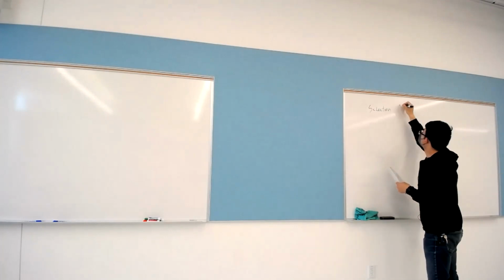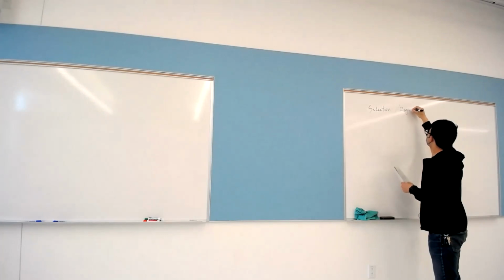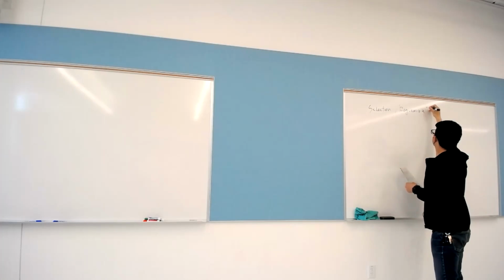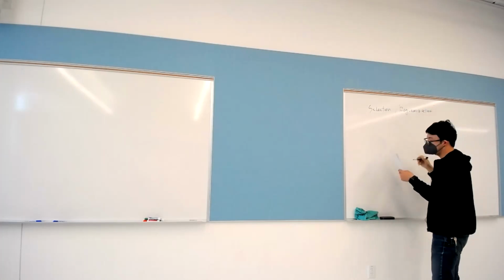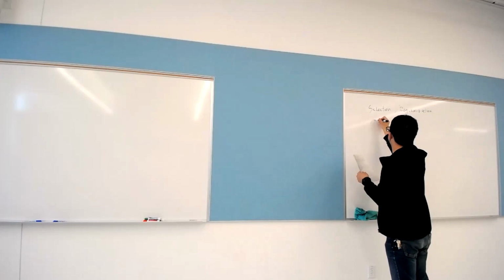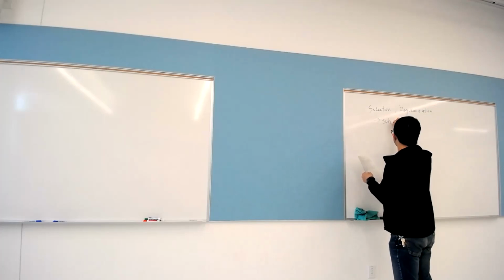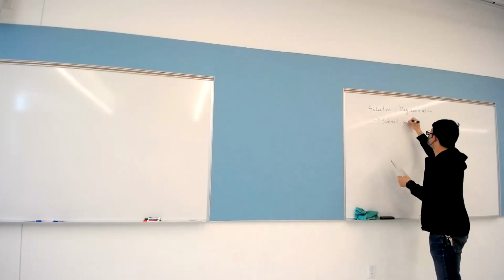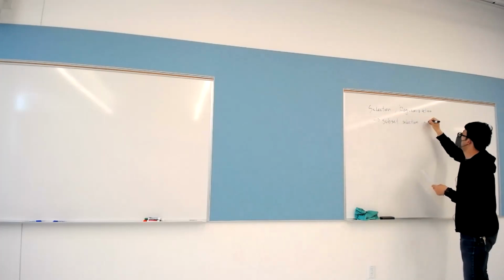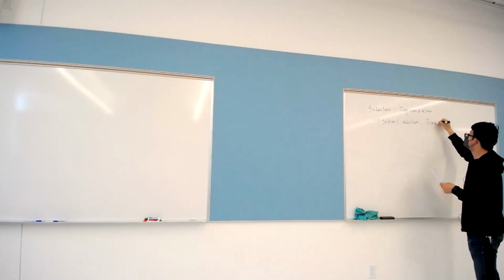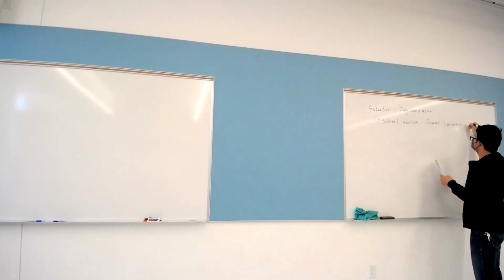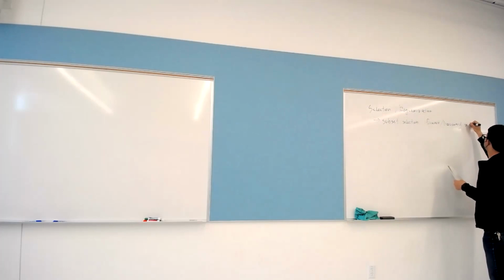This included subset selection, so this is our forward and backward regression or stepwise selection.